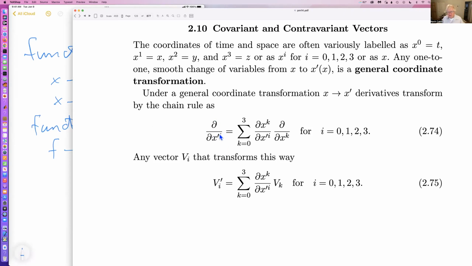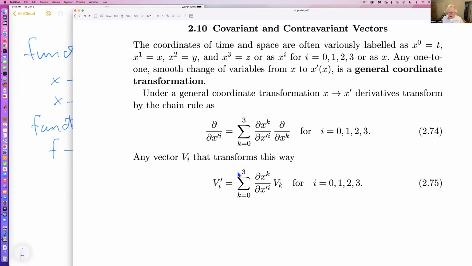In other words, the derivative with respect to x prime 9, say, is the sum from 0 to 10, say, of the partial of xk with respect to x prime 9 times the partial with respect to xk. And a vector that transforms like a partial derivative symbol is called a covariant vector.